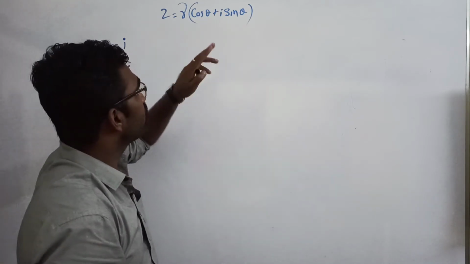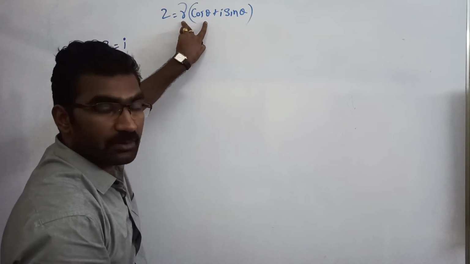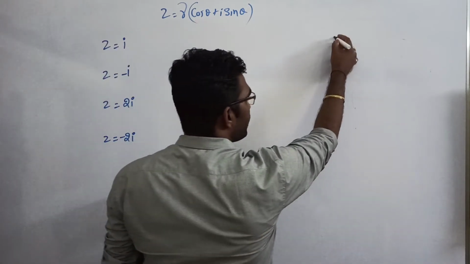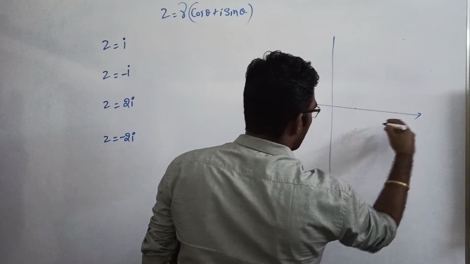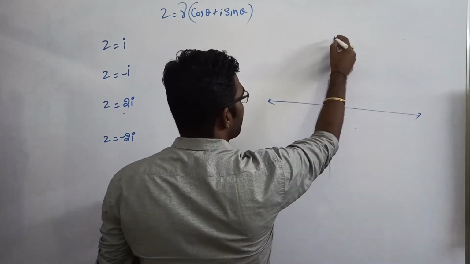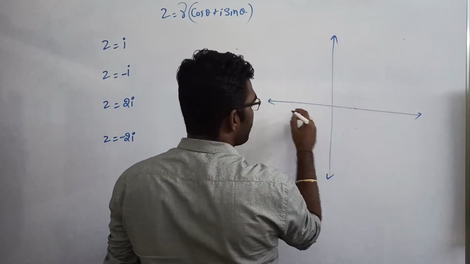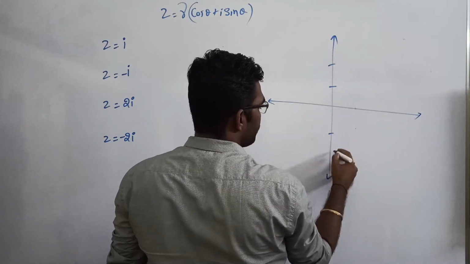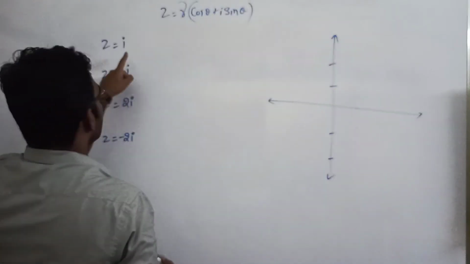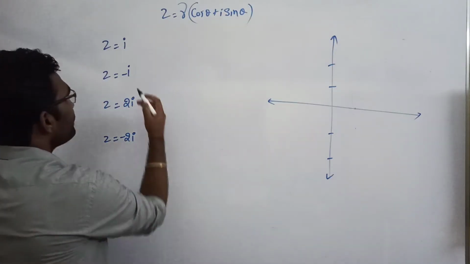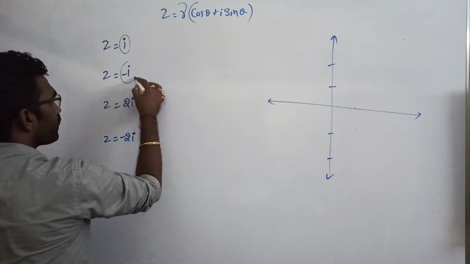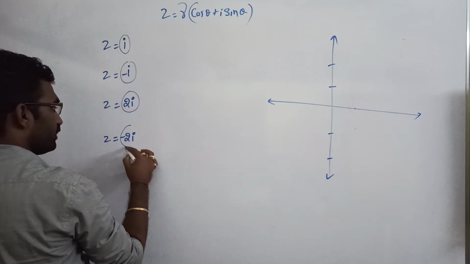To write them in the polar form, I want to find r and theta. So I am going to make use of the complex plane. Complex plane means if I am denoting the numbers on the xy plane, then this plane is called the complex plane.